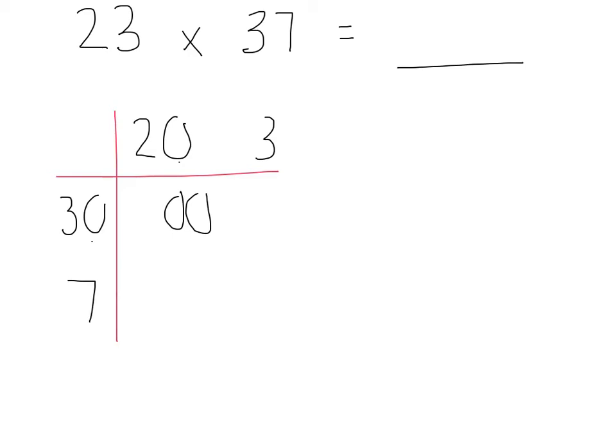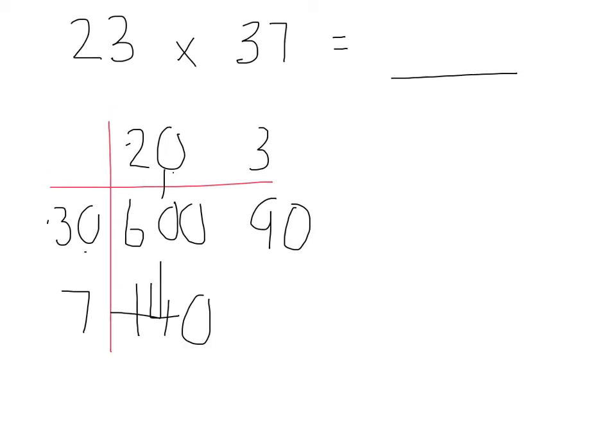What's left is 2 times 3, 6, so we have 600. 30 times 3 is 90. The next equation we have to do is 7 times 20, which is 140. So we have 140 in there, and then our last equation is 7 times 3, which is 21.